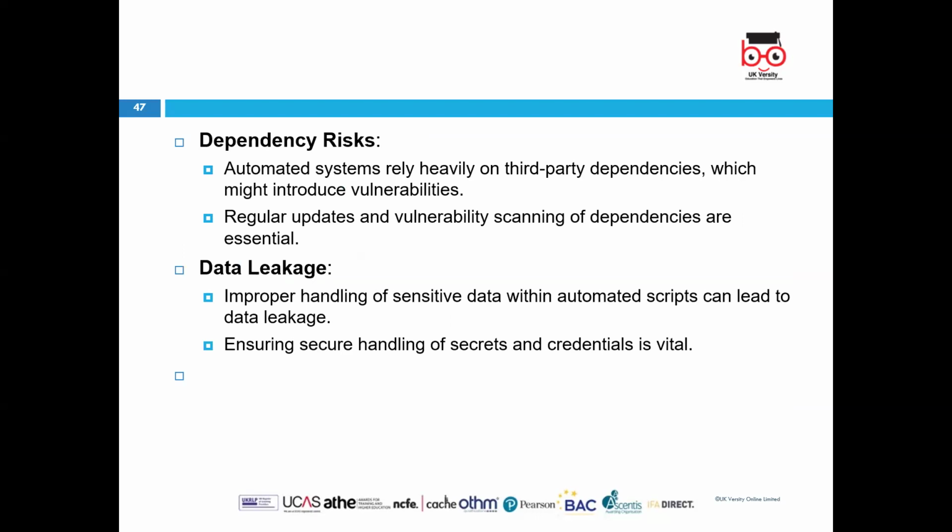Then we have dependency risk, where automated systems rely heavily on third-party dependencies, which might introduce vulnerabilities. And also we have data leakage, where improper handling of sensitive data within automated scripts can lead to data leakage.